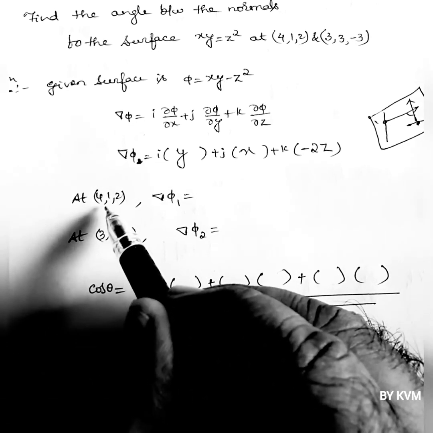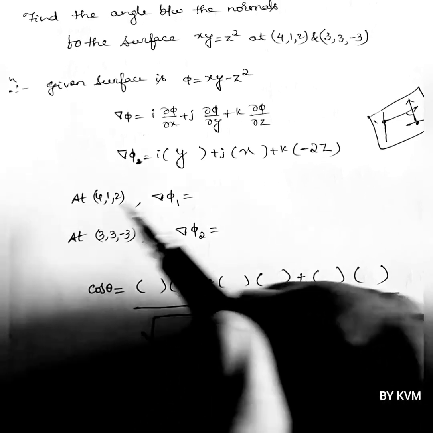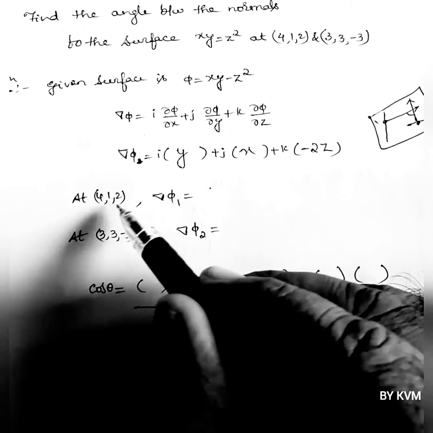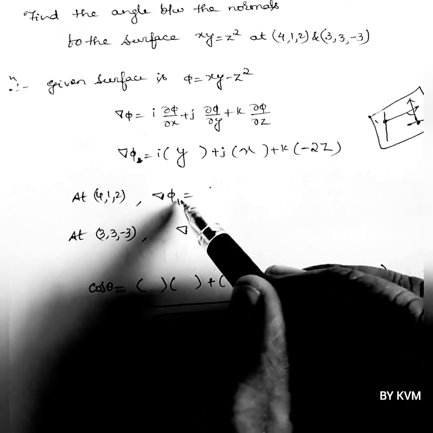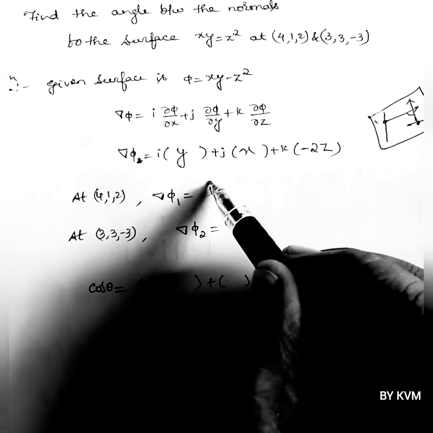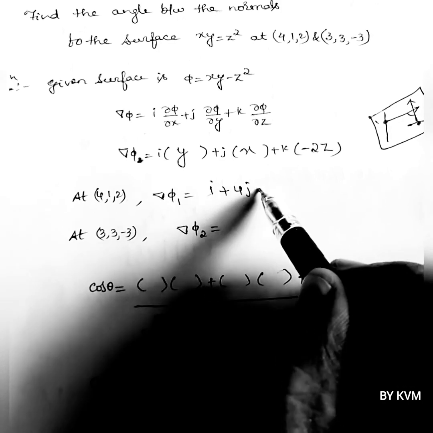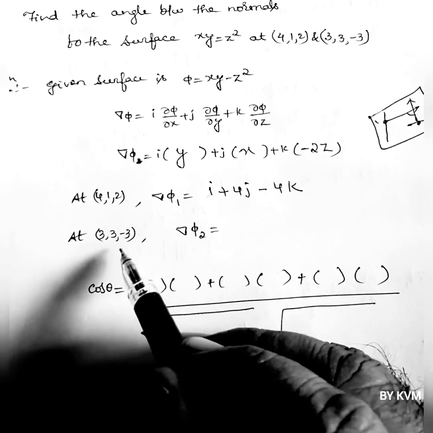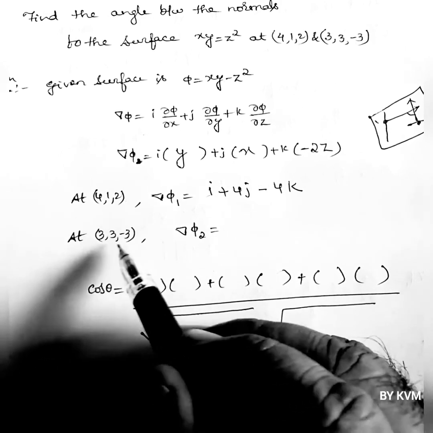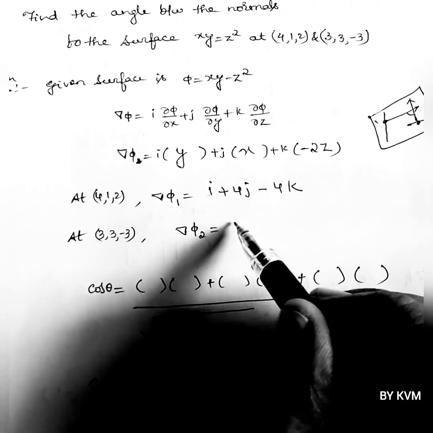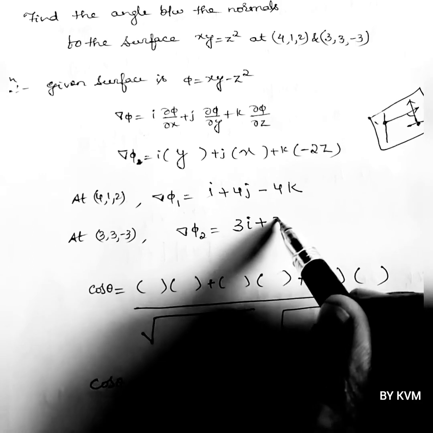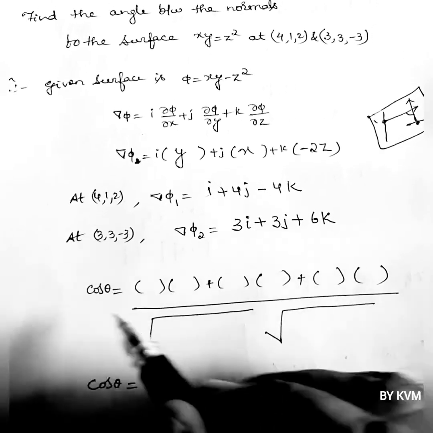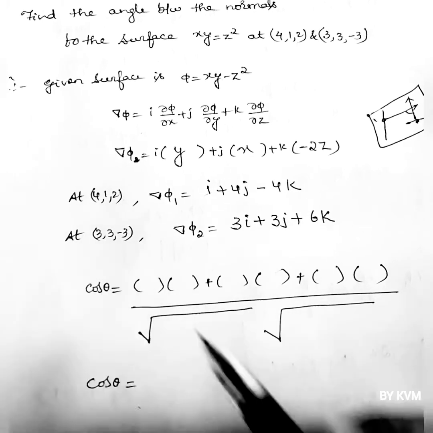At first point 4 comma 1 comma 2 del phi 1 is, so for the first point take del phi 1, i plus 4j minus 4k. At 3 comma 3 comma minus 3, for the second point take del phi 2, that is 3i plus 3j plus 6k. Now find angle between these two normals.